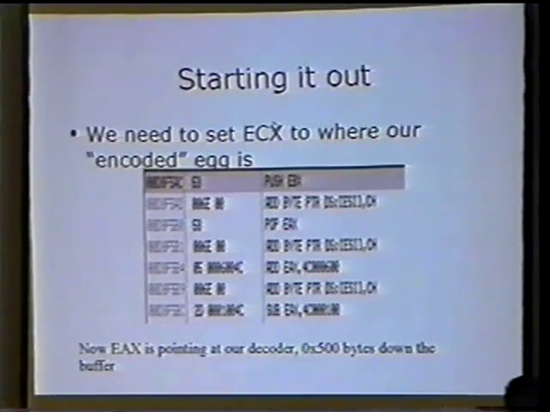And then you're going to add to EAX and subtract from EAX, because you have a big long string of program, and then a big long string of egg, which is the encoded stuff. So what you need to do is point something to the encoded stuff, and that's what this little snippet does. It's adding 500 hex bytes down in the buffer from where you are to point at your encoded bytes.